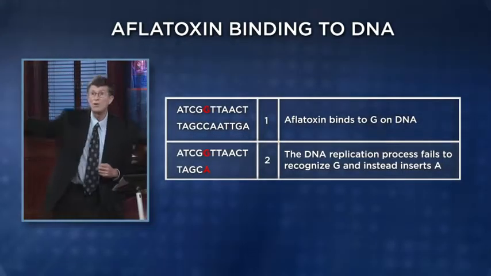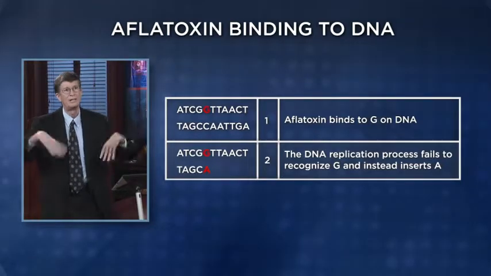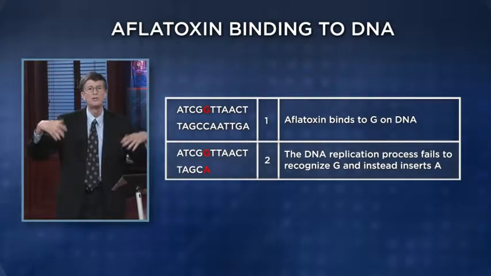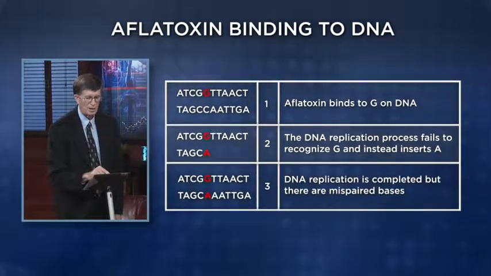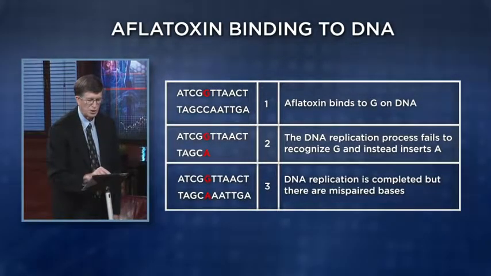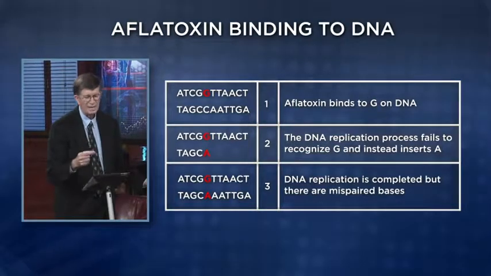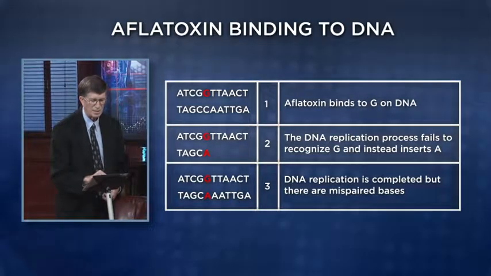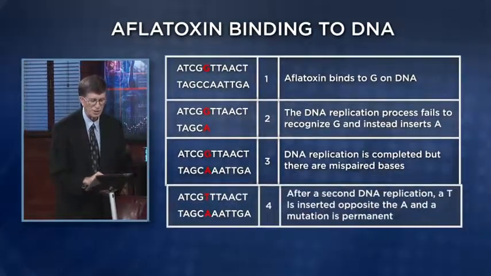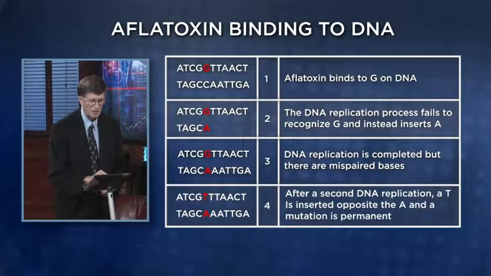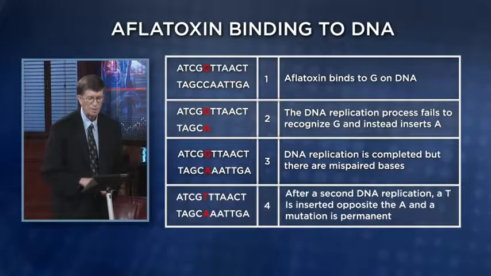And so it keeps going and it just says, oh, I'll just put anything in. Instead of putting a C, which you would put opposite G, it's going to put in something else. So in this case, for example, here's the G. The G has been coated with aflatoxin, and instead of putting in a C, the replicating machinery puts in an A, and now you've got a mutation, right? And in a second generation, a second DNA replication, this GC pair up here becomes a TA pair.